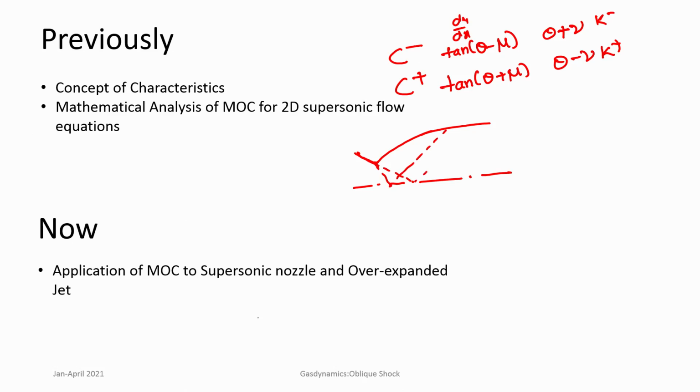Otherwise, if the nozzle wall is not properly contoured, these characteristics keep reflecting off the walls, and at the end you get a non-uniform flow. To get a uniform flow, you have to design the wall in such a way that it cancels the waves, these Mach waves, once they impinge on the wall. That can be done by making the wall angle equal to the flow angle at each Mach wave.